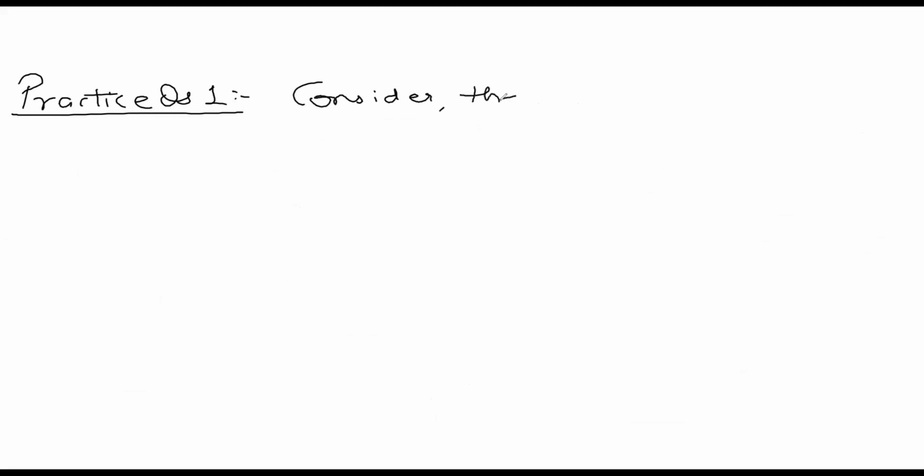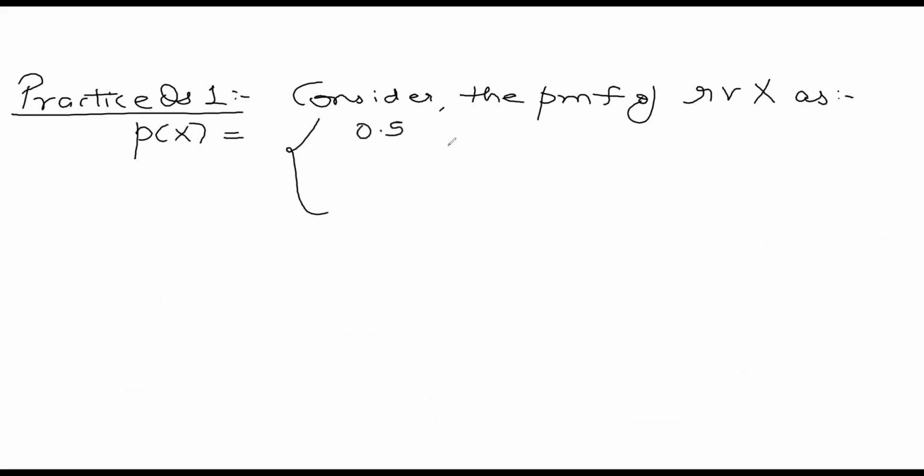So practice question 1. Consider the probability mass function of the random variable x as, suppose the probability mass function is given to us as 0.5 if x is equal to 0, 0.167 if x is equal to 1, 0.333 if x is equal to 2, and 0 otherwise.